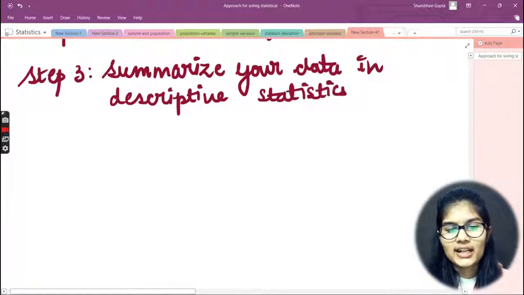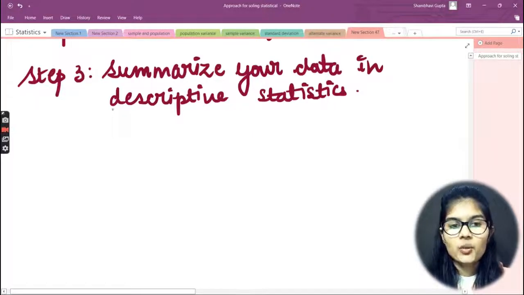Like inspecting your data, organizing your data into frequency distribution tables, right? Displaying the data from the key variables in a bar chart, making a scatter plot. So this is how you will be summarizing your data in descriptive statistics. Okay, so in statistics we have descriptive and inferential.